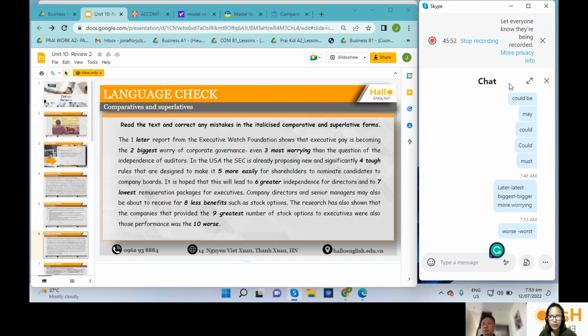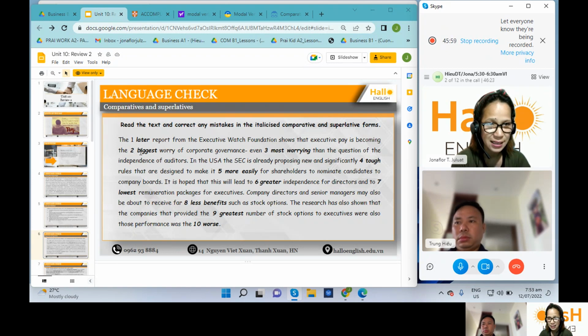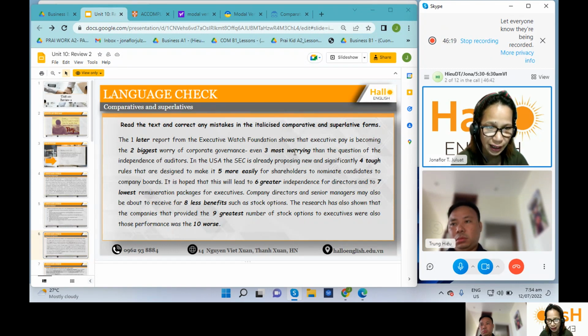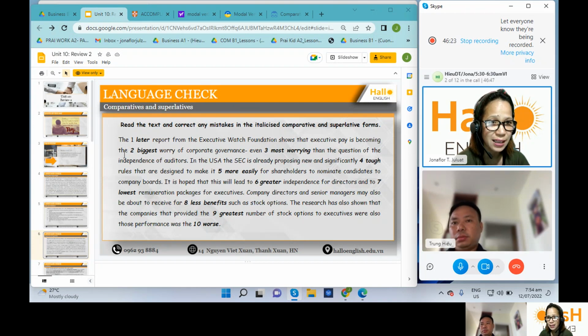All right, now let's go back to number 2. I think if you will not change the biggest, then most worrying is correct? No, I think it's wrong because you are comparing it than the questions of the independence of auditors. So more worrying, right? Yes, more worrying. Okay, so we will change biggest into bigger, becoming bigger worry.